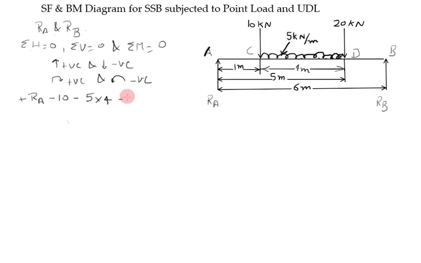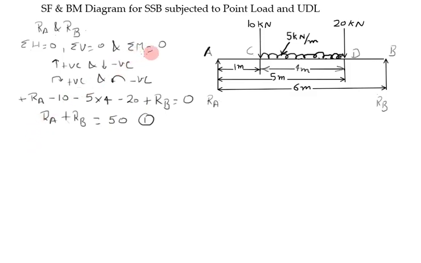Next point load is 20 kilonewton acting vertically downward. Next one is RB acting vertically upward. So sum of all these forces should be 0. From this, RA plus RB comes out as 50. This is equation number 1.